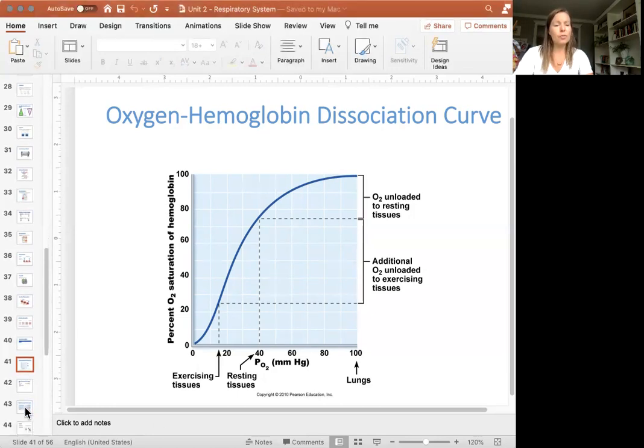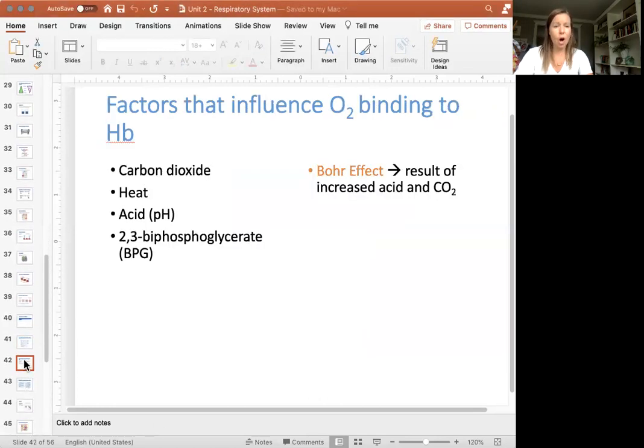So there are several factors that cause that to happen. Whenever there is an increase in carbon dioxide, heat, acid, or BPG, that is going to cause oxygen to break off of hemoglobin.